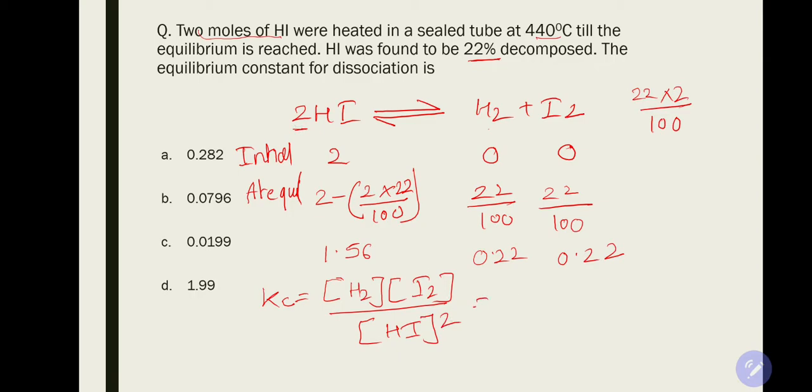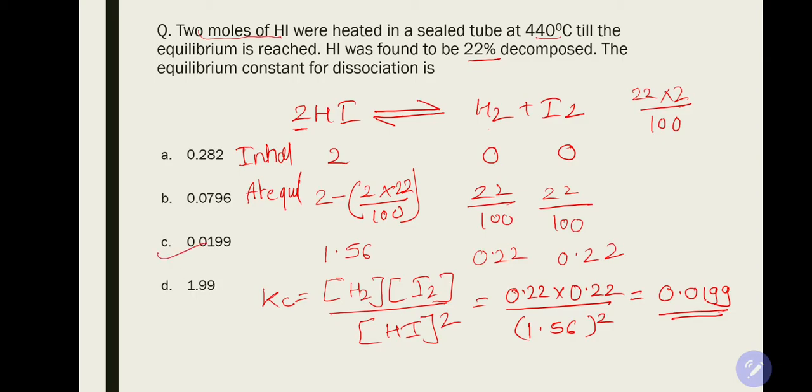So it will become 0.22 into 0.22 divided by 1.56, the whole square. Now when you solve this, you will get the answer 0.0199. Okay, so what is the answer? It is 0.0199. Now let's proceed to the next question.